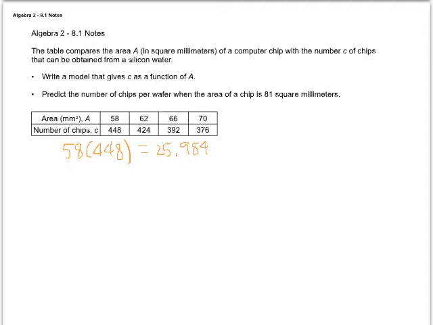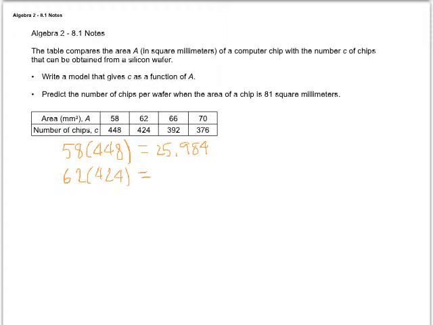Okay, then when I have an area that's 62, I get 424 chips. So again, we're comparing the area in square millimeters of a computer chip with the number of chips that can be made. So when the area of my chip gets bigger, then from my silicon, I get fewer chips.